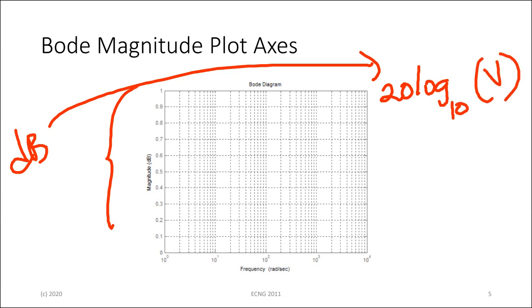Really and truly, the value is technically supposed to be a ratio, v over 1, and log of 1 is 0 when you simplify it out, so it doesn't complicate matters. But to convert a raw number to a decibel, it is 20 log to the base 10.